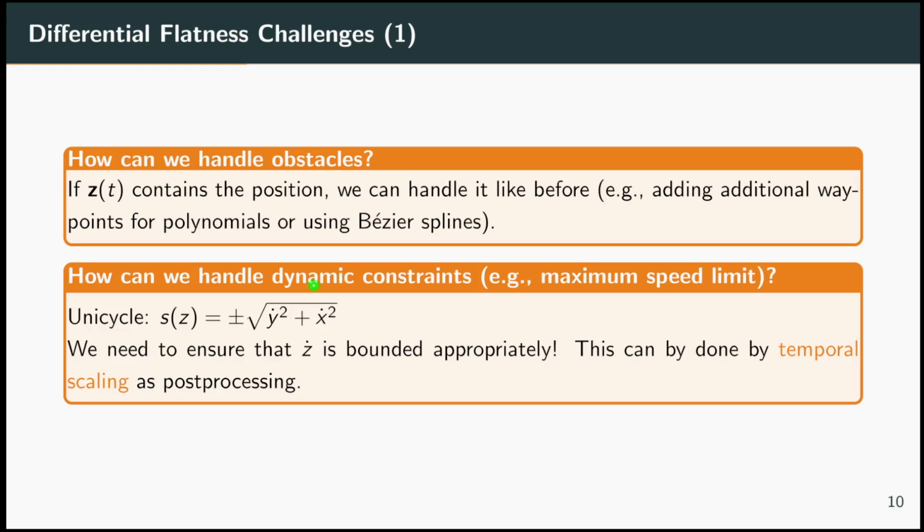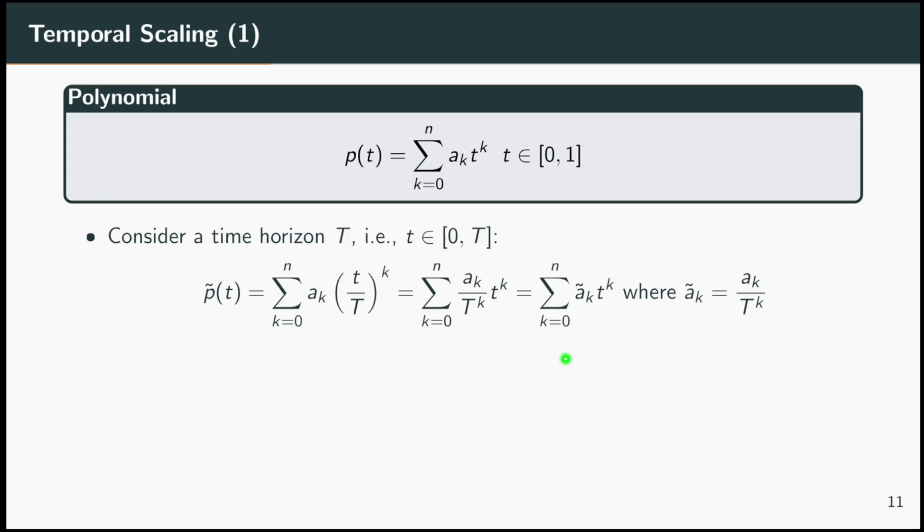So definitely, it's unclear, just given this flat output space, how we could constrain the speed. One method that is mostly done is this temporal scaling, which I want to discuss in a little bit more detail now. In principle, it works on all sorts of splines, but I will just discuss it on the polynomial because then it can be very concrete.